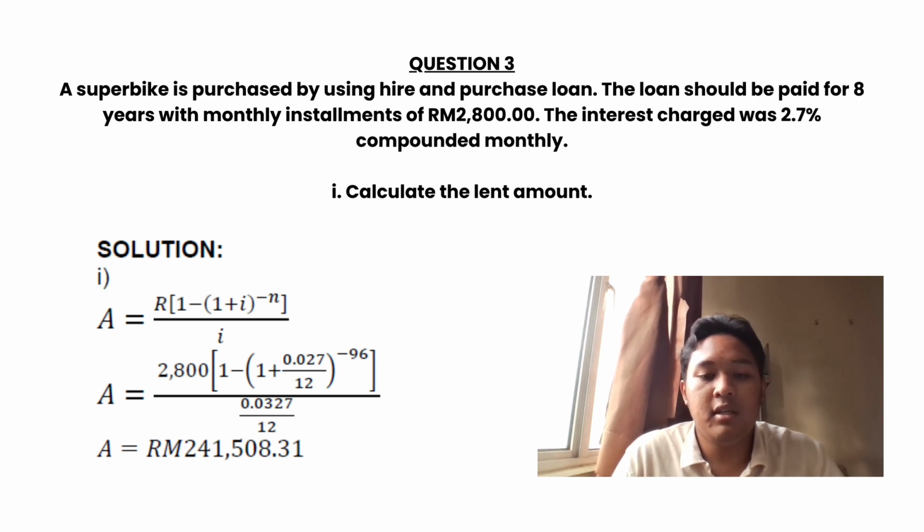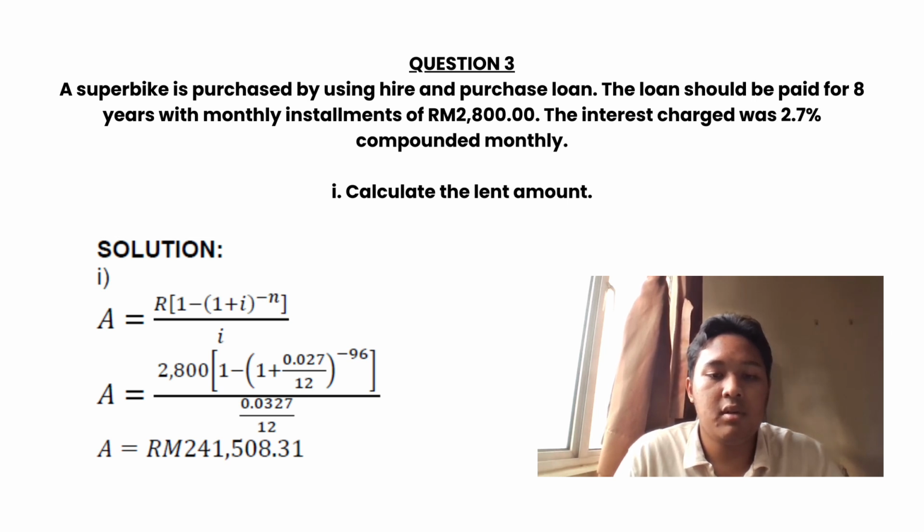A equals 2,800 ringgit times (1 minus (1 plus 0.027 divided by 12) to the power of negative 96), divided by 0.027 divided by 12, and then we calculate it, and we get A equals 241,508.31.